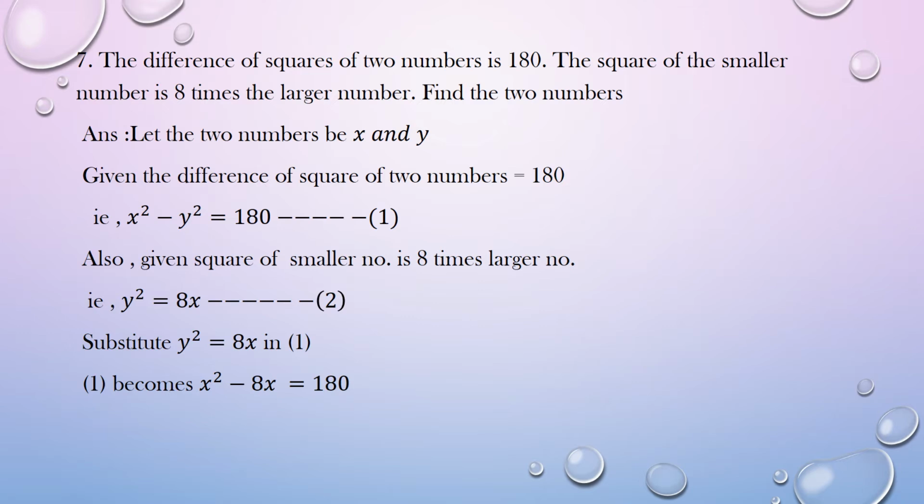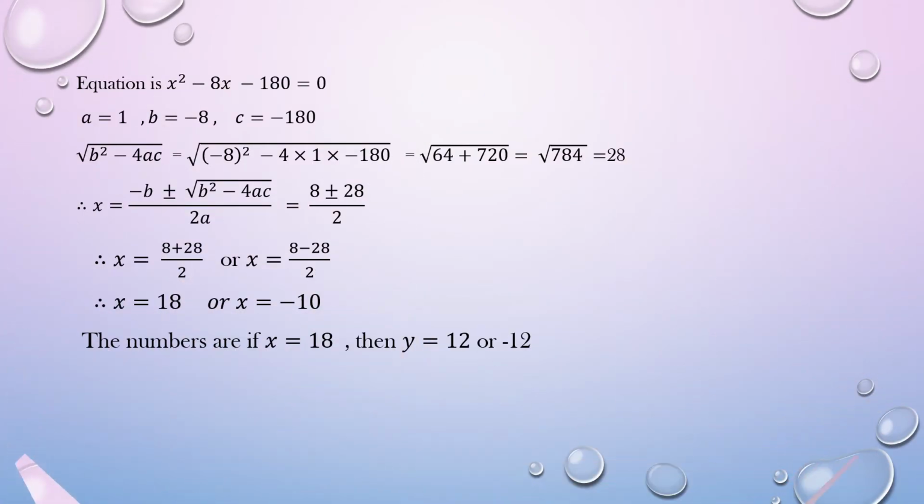Substitute y square equal to 8x in equation number 1. We have x square minus 8x is equal to 180. Making it into the standard form, we have x square minus 8x minus 180 is equal to 0. So, a is equal to 1, b is equal to negative 8, c is equal to negative 180.